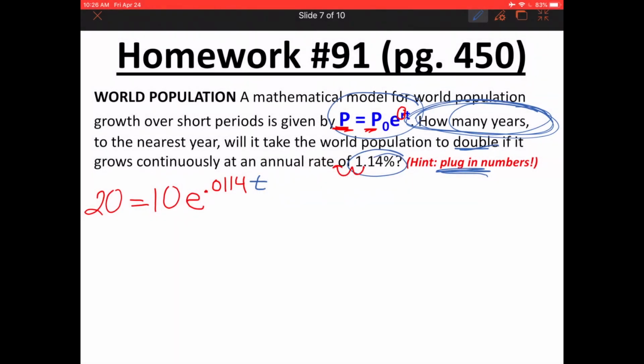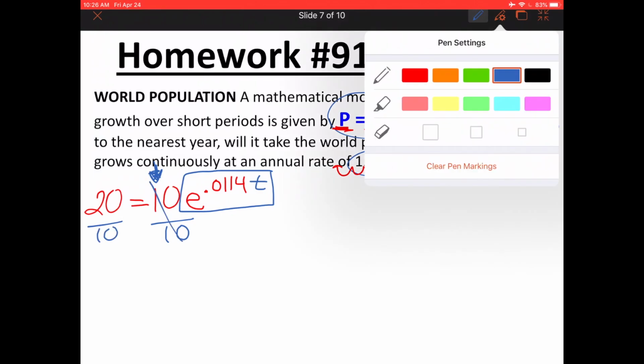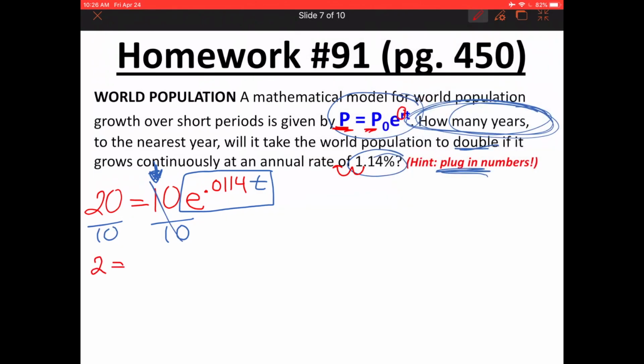So from here, my first step, remember that e has the variable in the exponent, but the 10 is not part of that. So we need to get rid of the 10 first. So how do I do that? I'm going to go ahead and divide both sides by 10. And now I have 2 equals e to the power of 0.0114t.